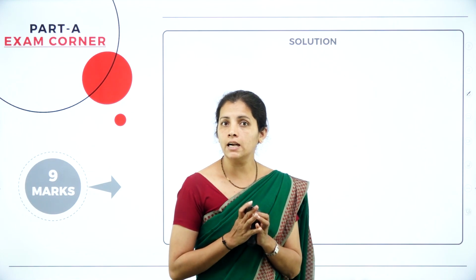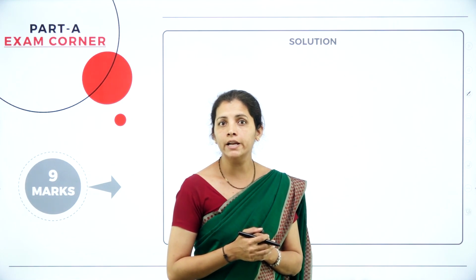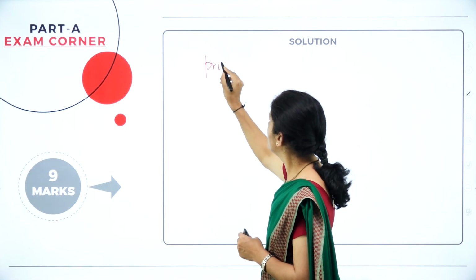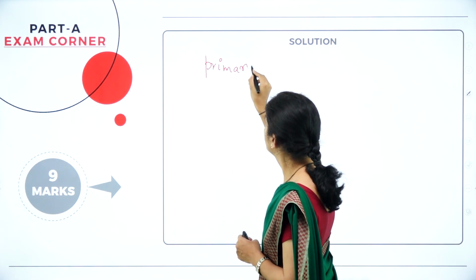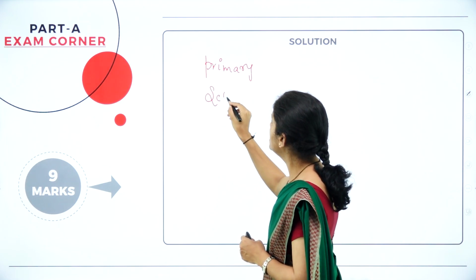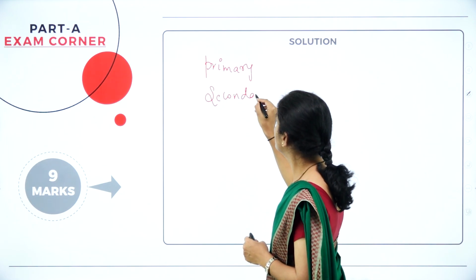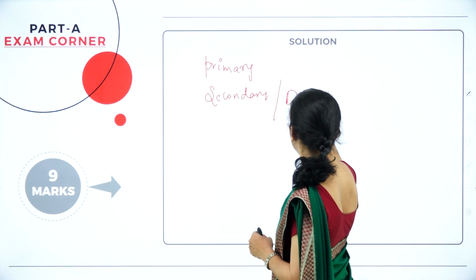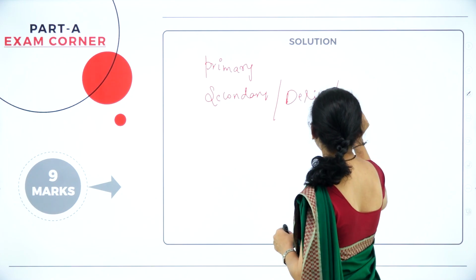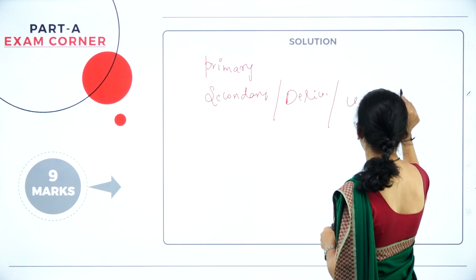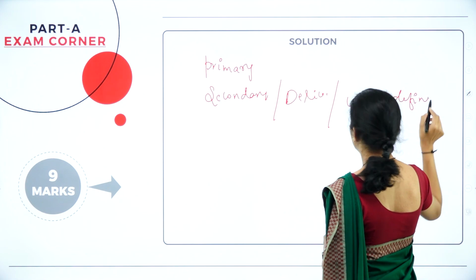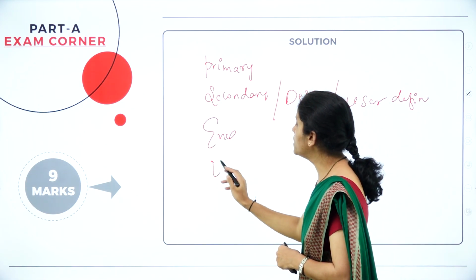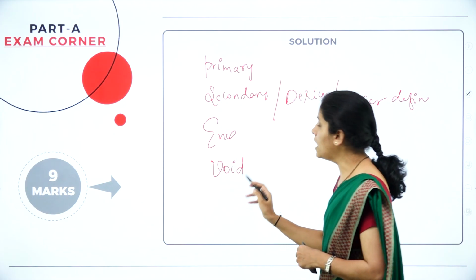Data types are classified into 4 types: primary, then secondary or derived, or user defined. Then the third one, enumeration, and the last one is void data type.